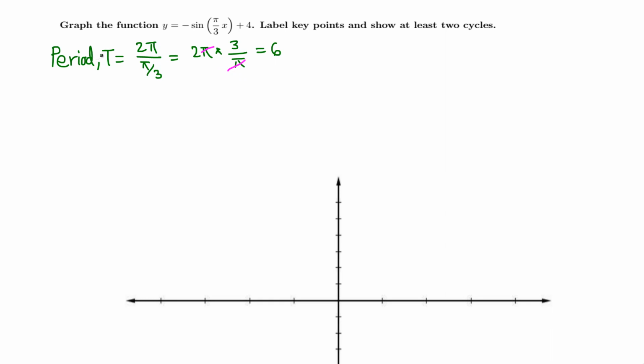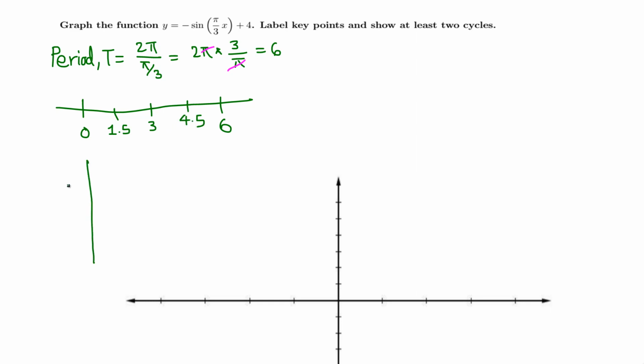So we got a period of 6 for this function. Now we take 0 through 6 and divide into 4 equal parts. So the midpoint will be 3, another midpoint 1.5, and 3 and 6 halfway would be 4.5.